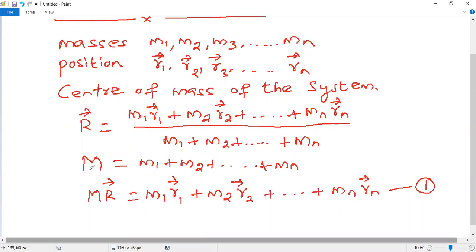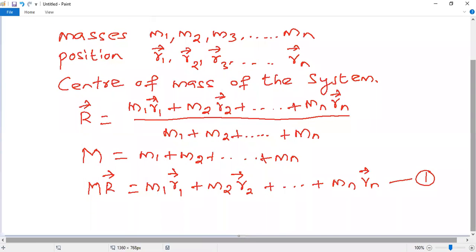In equation number 1, I am differentiating both sides with respect to time.